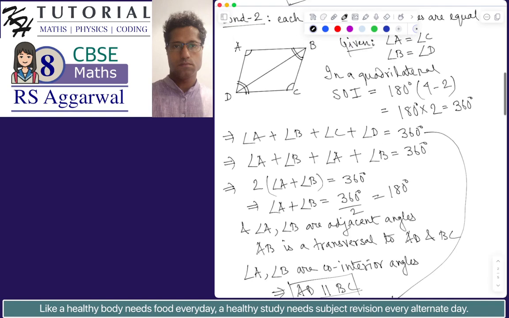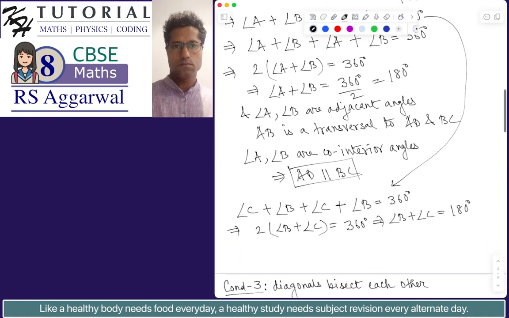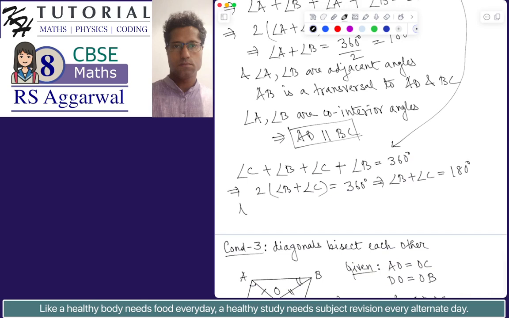So you can see that the sum of angle B and angle C is 180 degrees, and angle B and angle C are co-interior angles to the transversal BC cutting the two lines, which are sides AB and DC. BC is a transversal to AB and DC.